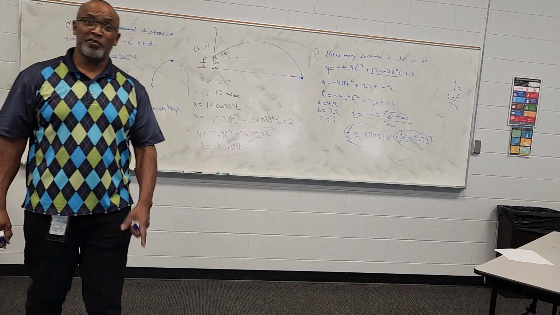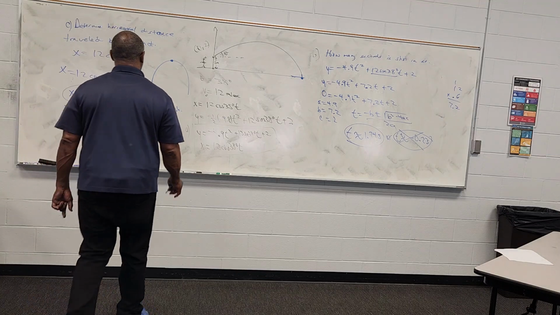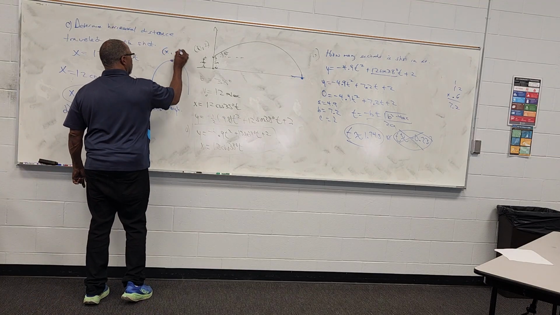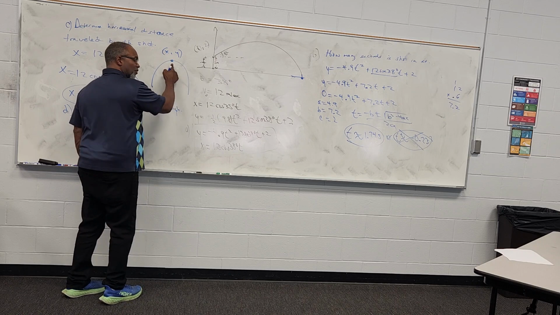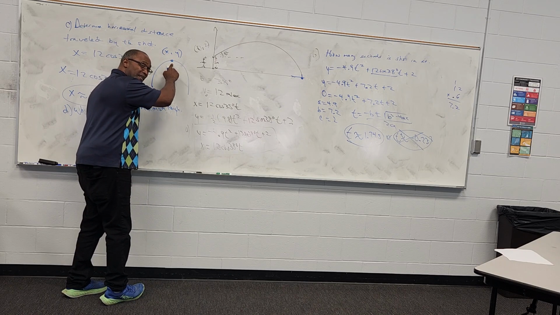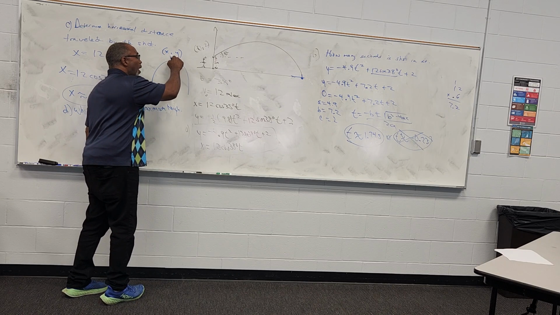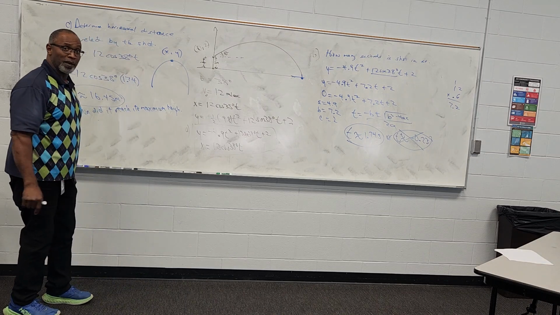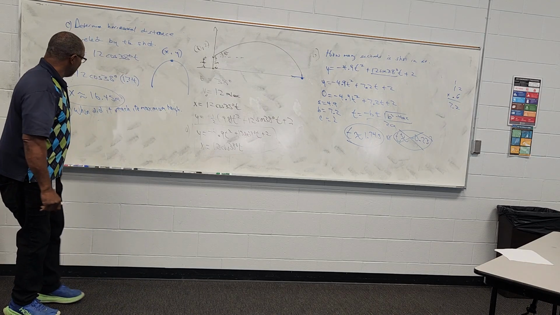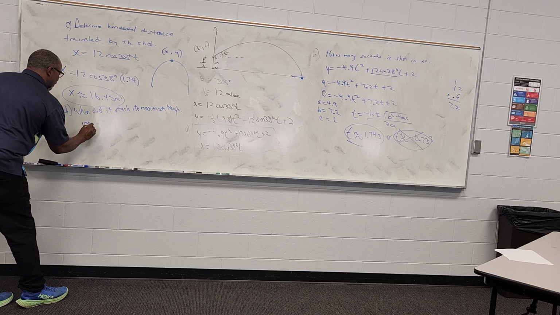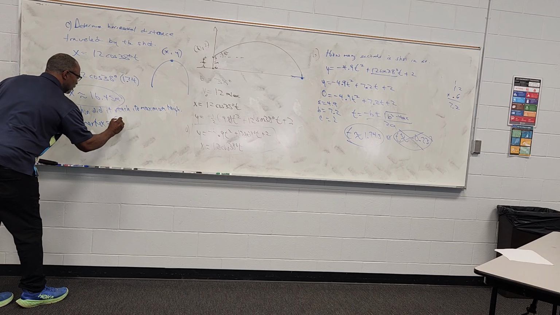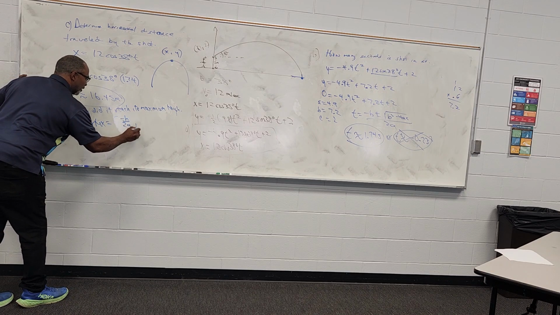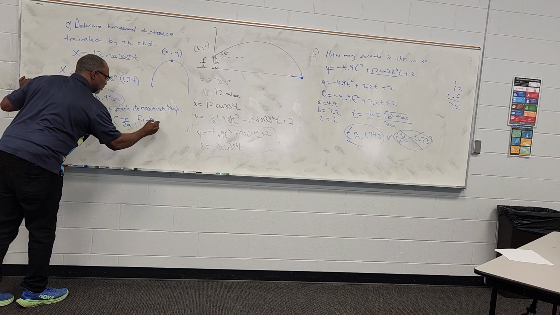Remember, the vertex has two coordinates, an x and a y coordinate. The x coordinate of the vertex tells you when the max occurred. The y coordinate of the vertex tells you what the maximum is. To find the vertex of a parabola, it's negative b over 2a, comma f of negative b over 2a.